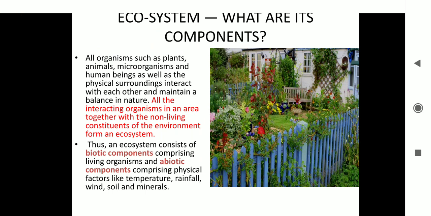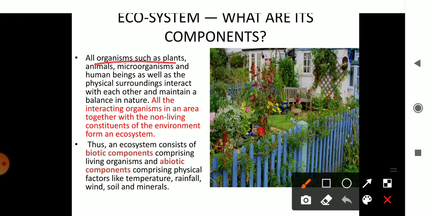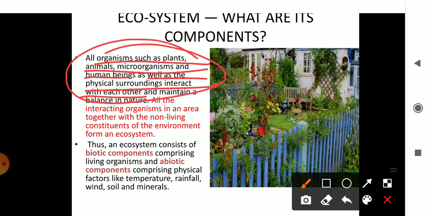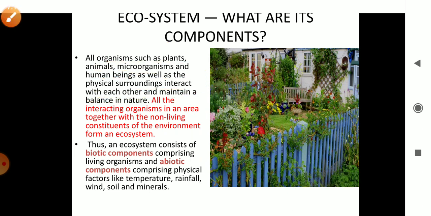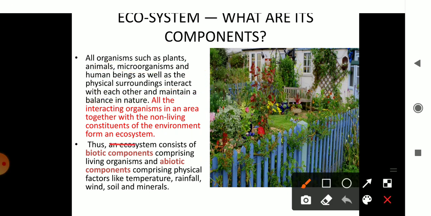So here, as it's mentioned, all the organisms like plants, animals, and human beings, as well as the physical surrounding, interact with each other and make life possible. So such an area which comprises these biotic and abiotic components, where both interact and influence each other, is what is called an ecosystem.